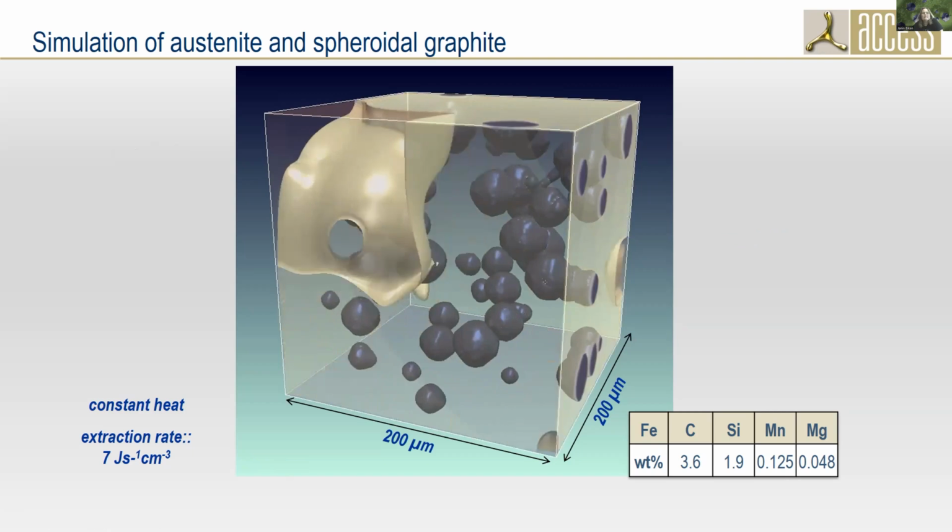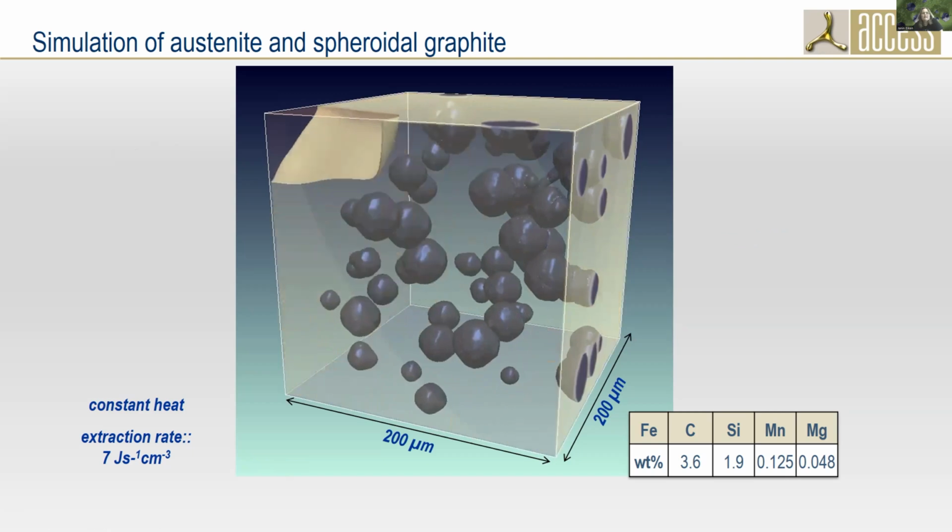So finally, we end up with the austenitic matrix and the graphite nodules inside. There may be grain boundaries between the austenite which are not depicted here.